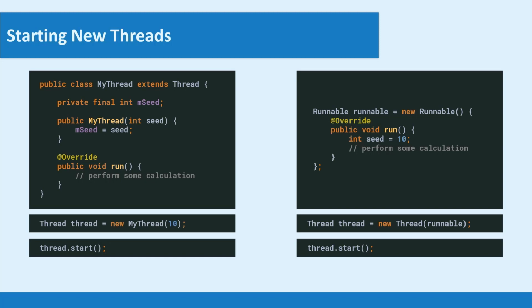Before you start it, nothing happens. And for me personally, that's actually one of the most common bugs when I use bare threads. I simply forget to call start on a new thread and then nothing happens. So if you use bare threads and nothing happens, or at least what you expected to happen doesn't happen, then just go and check that you actually started your threads.